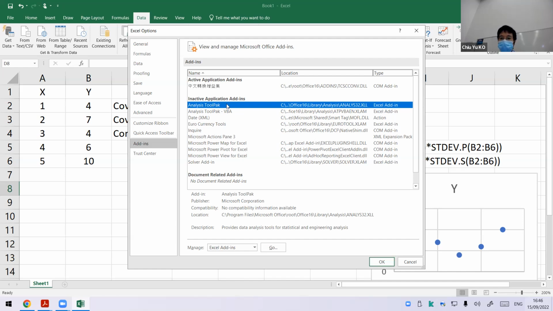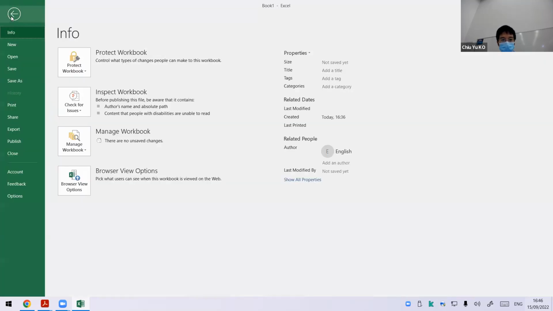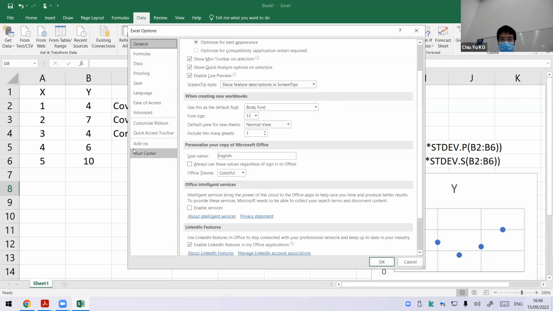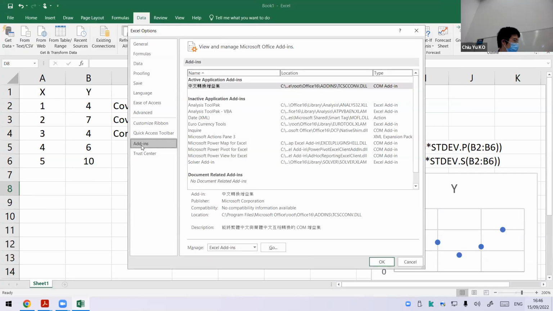It's not there yet, so we want to make it active. Just to go back to how to get to this page: File, Options, Add-ins. Then here go to the Go button.